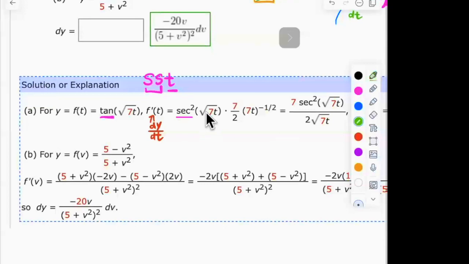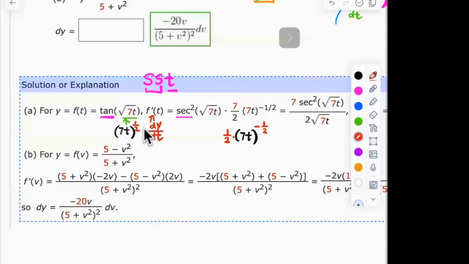Now you take the derivative of this inner function. If you write it in power form, that's 7t to the 1/2 power. When you take the derivative of this power function, let me write that down first: 1/2 times 7t, but then the exponent decreases by 1, so it becomes negative 1/2.